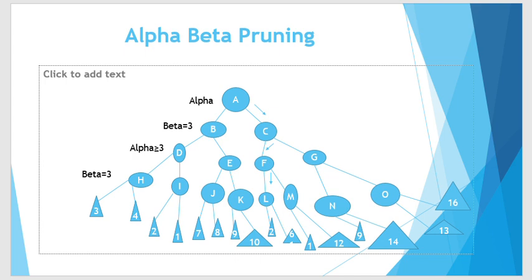But as we saw, the upper level is saying beta value is 3, so this node's min value will be either 3 or less than 3. The J path or K path, suppose both have a greater value than the H path.